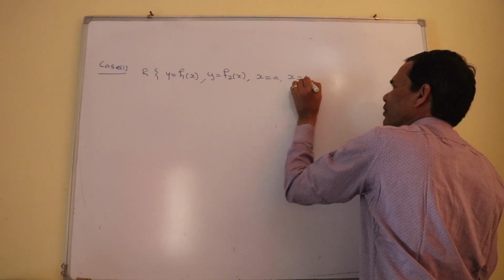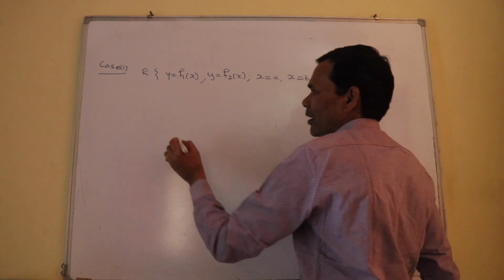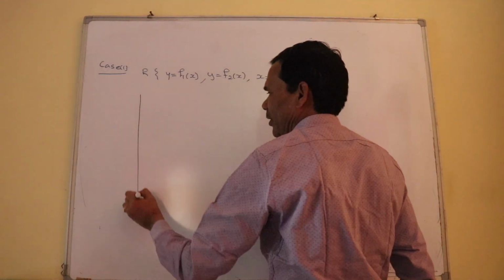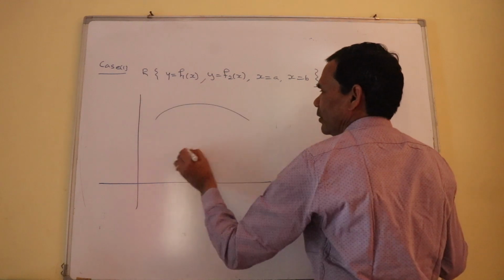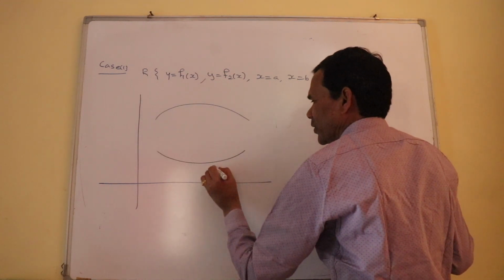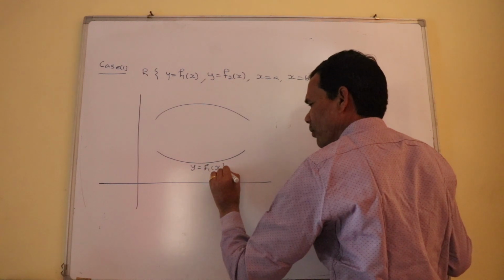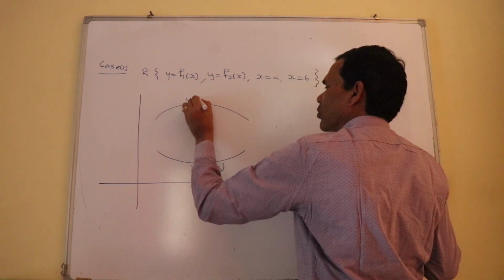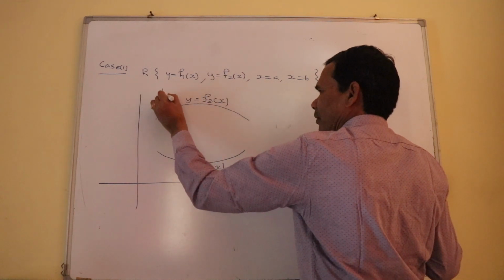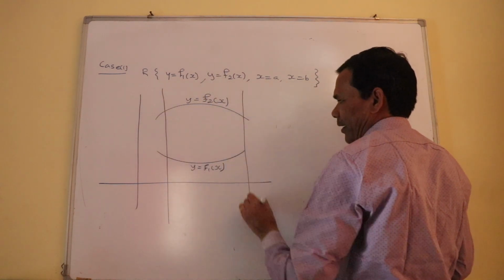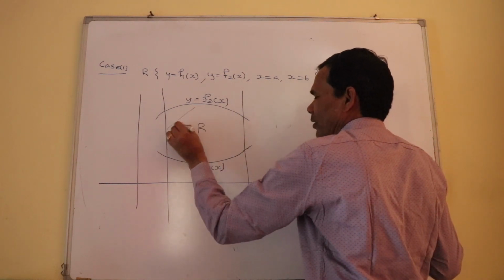This is one of the possibilities for the region R. I draw a figure for this. Here this is the first curve y is equal to f1 of x, this is y is equal to f2 of x, and here x is equal to a and x is equal to b. So this is the region of integration.